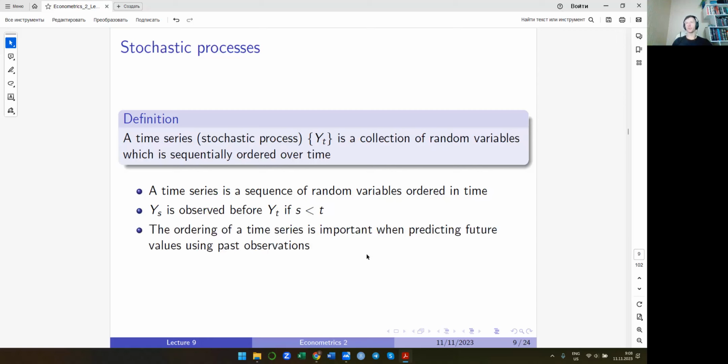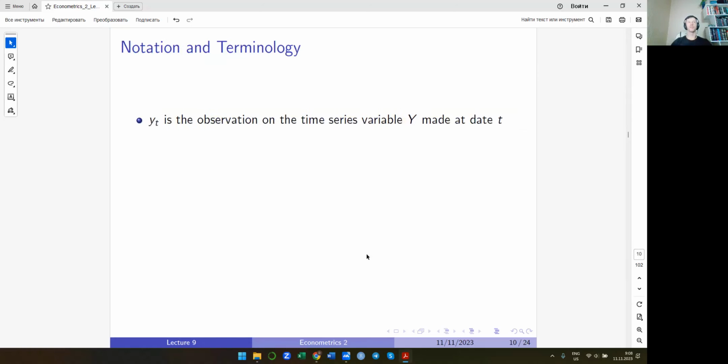And of course, it is important when you do predictions, because you predict something next using something previous. Now, regarding the notation, a particular observation at the date t is going to be denoted with the lowercase y_t. This is the same as we did in econometrics and statistics. Lowercase variable is the observation, and uppercase variable is the random variable itself.